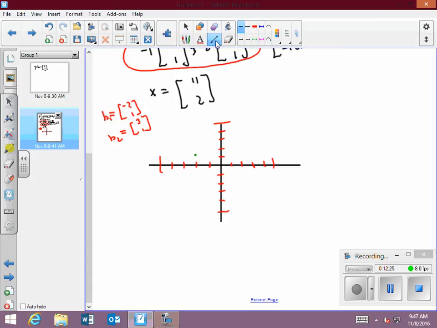And then B2 is 3 and 1. So it's right up here.